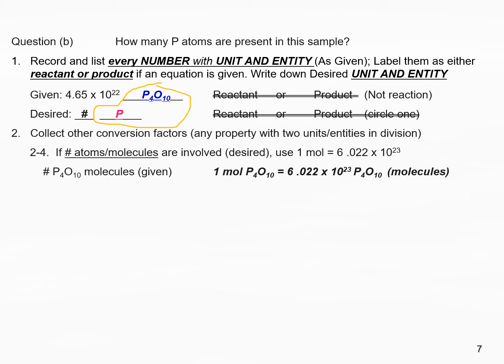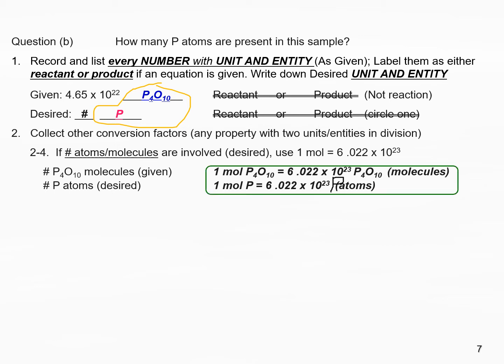And remember, the number of phosphorus atoms is also asked. So 1 mole of phosphorus equals 6.022 times 10 to the 23rd phosphorus atoms. I'm sorry, this looks ugly, but you know what I mean.